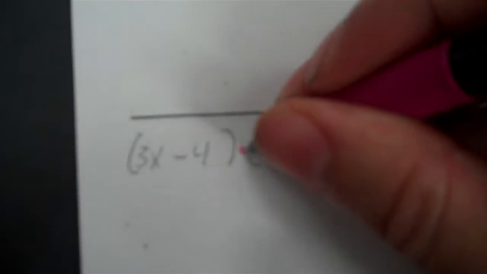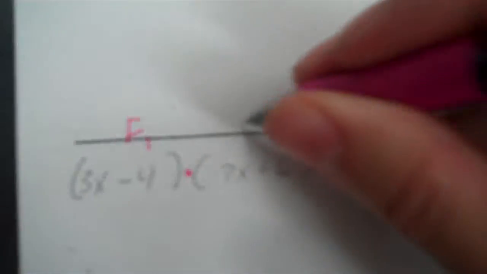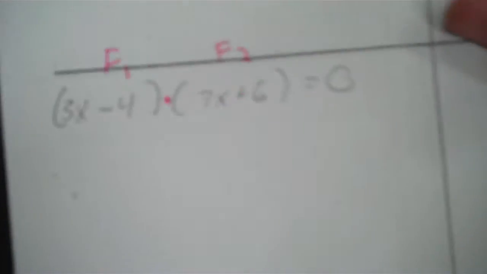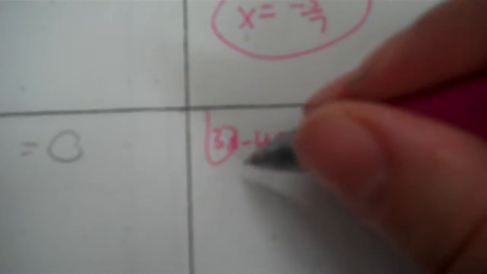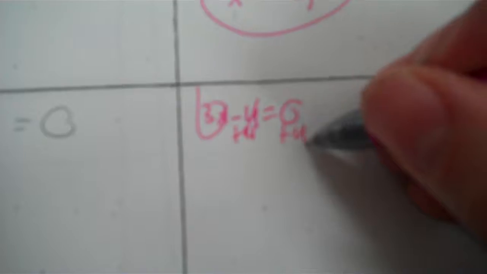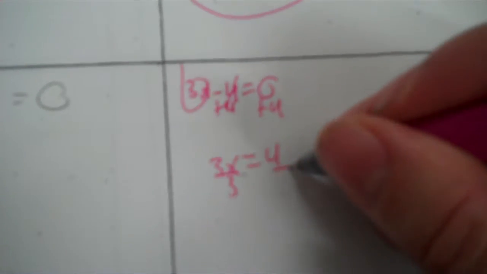I have it solved. Okay, so again, factor number 1. You see how not multiplying it makes it easier. Okay, so I have 3 times x minus 4 equals 0. 7 times x plus 6 equals 0. So I add 4, so 3 multiplied by x equals 4, and then I divide by 3.